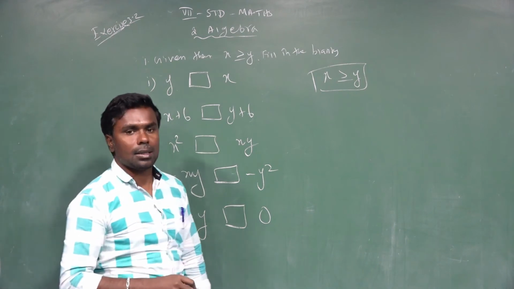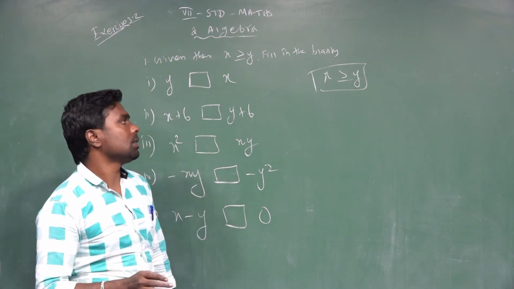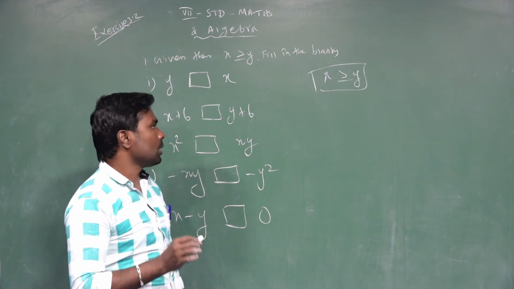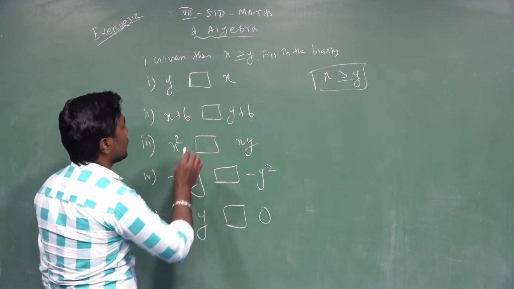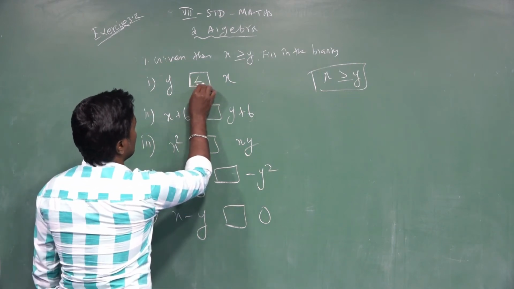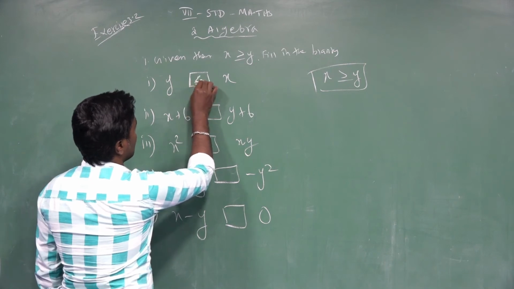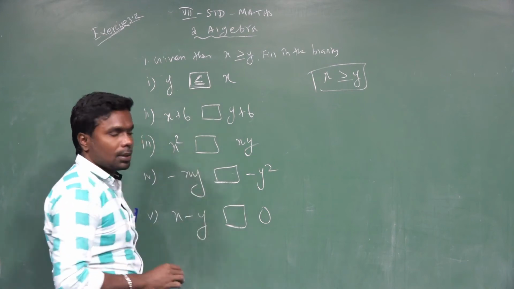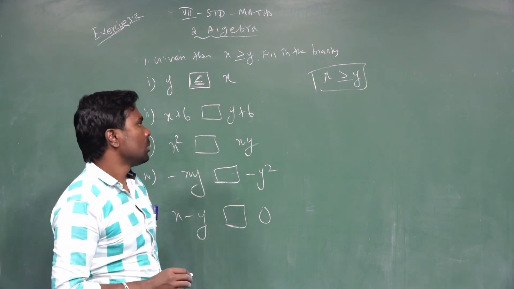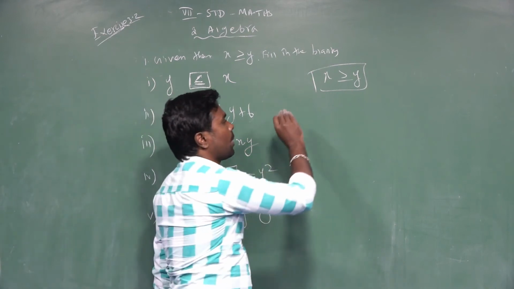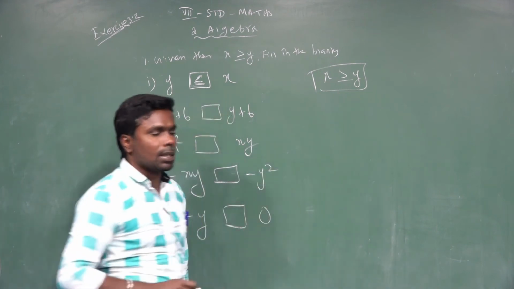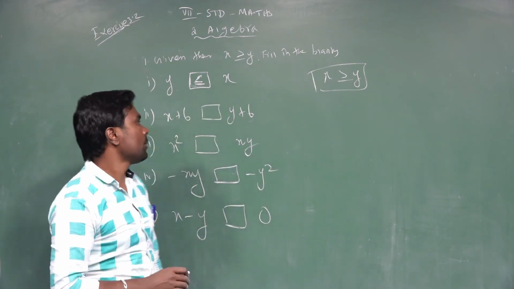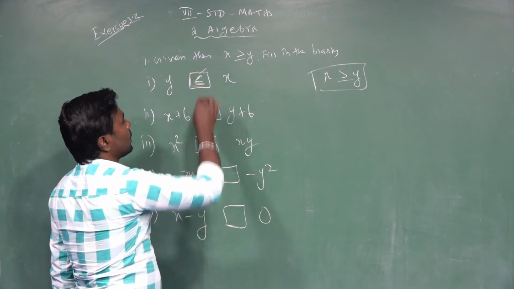So in this case, just simply reverse the symbol. So less than or equal. Just reverse the symbol. So what is the rule? When we interchange the left hand side and the right hand side of the expression, the sign of inequation must be reversed.